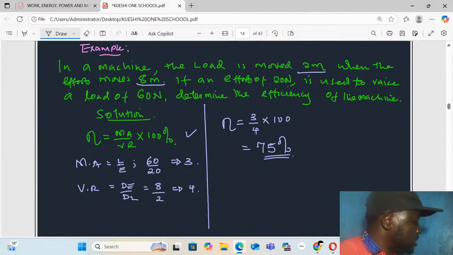Then the other machines that we mentioned, we shall continue tomorrow. Therefore, I would like to take you to the wheel and the axle.